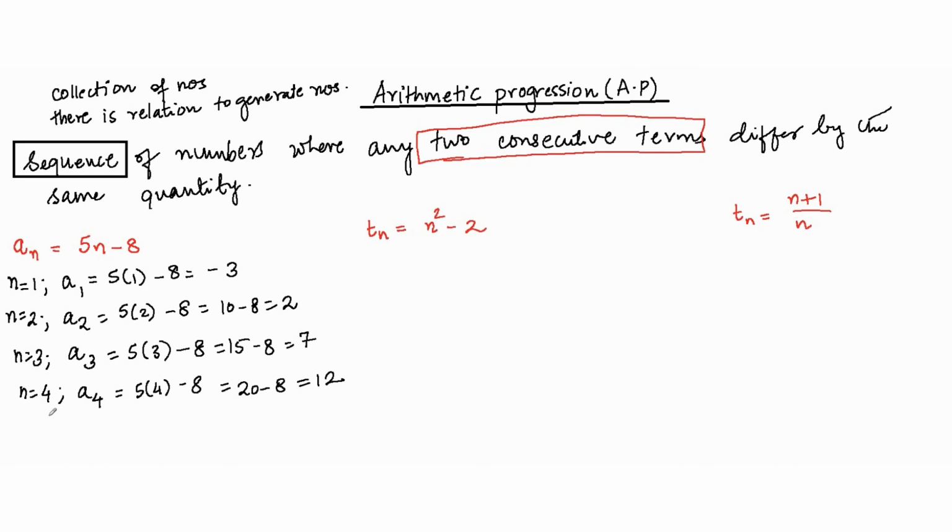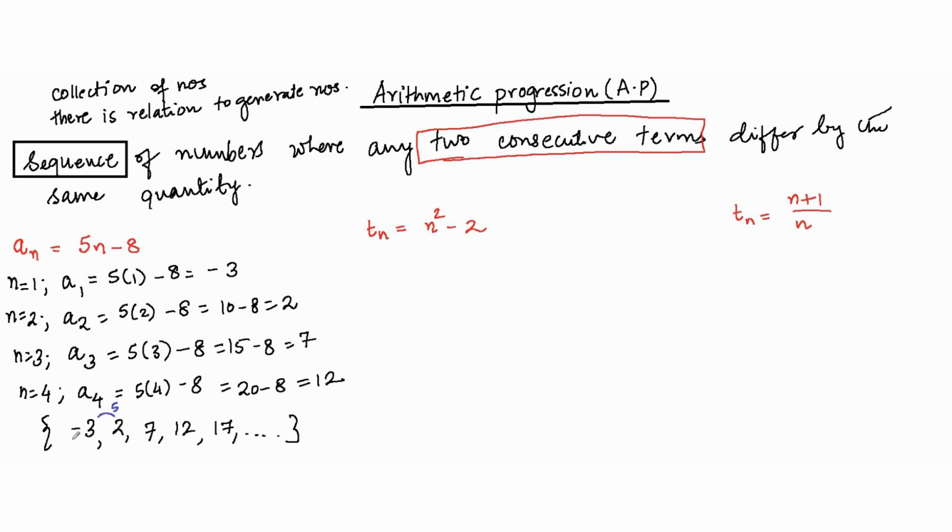So if you take a look at the terms, you have minus 3 is the first term, 2 is the second term, 7 is the third term, 12 is the fourth term, and if I find the fifth term, 25 minus 8 is going to be 17, and this continues. So let's determine whether this is an AP or not. You will notice that the difference between the first two terms is 5.